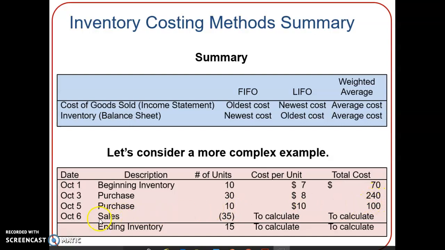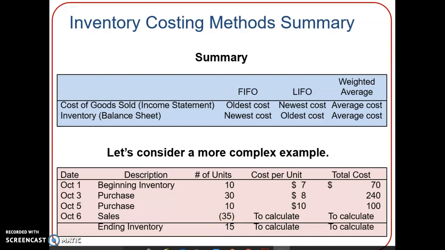So the scenario goes on like, on the 6th, we sold 35 units. We have a total of 50 units. We sold 35 units. We have what? 15 units left.